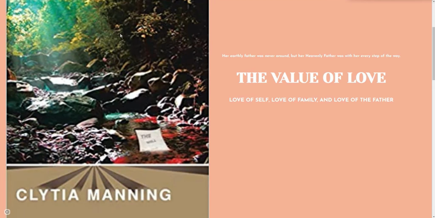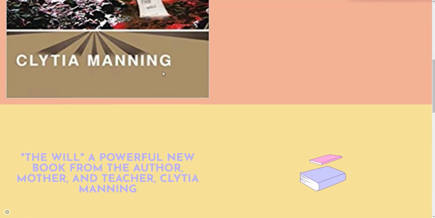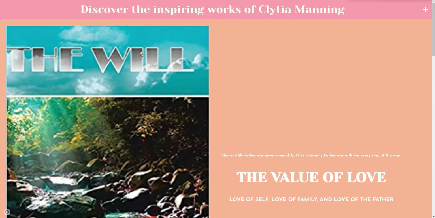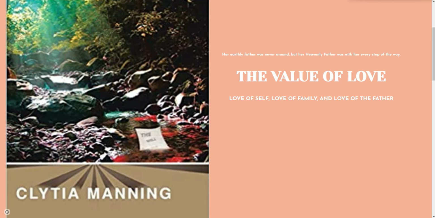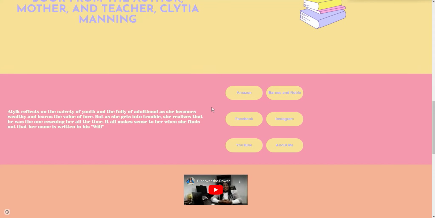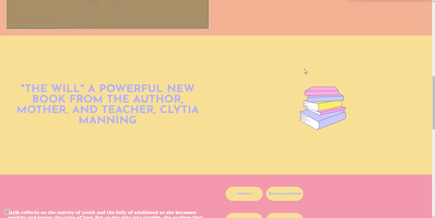And then we see an image on this side, which I assume is the book cover. And on the right hand side, we have some text information, a title, a bit of title text, and additional text. We have another section right underneath that has a quote from the author.